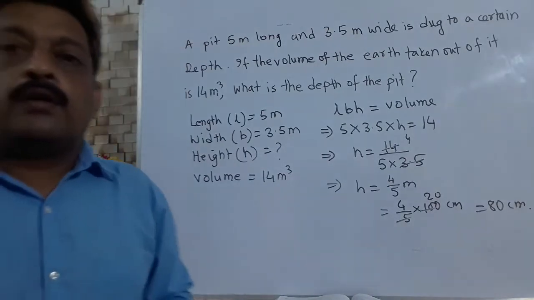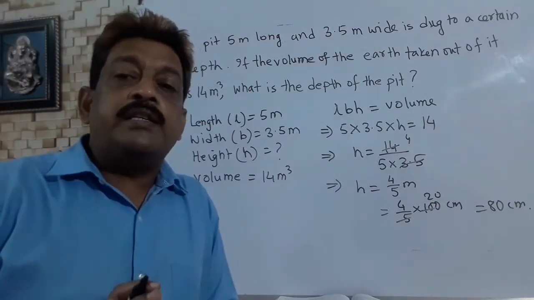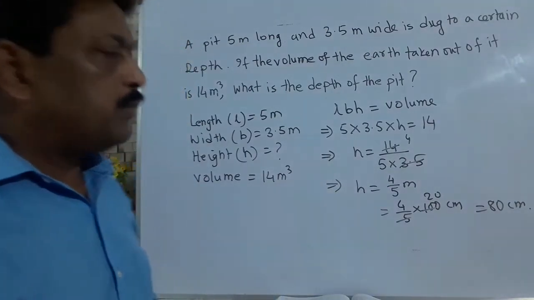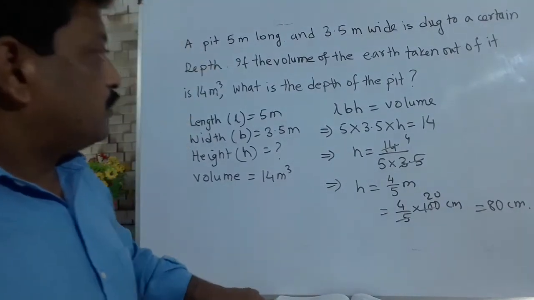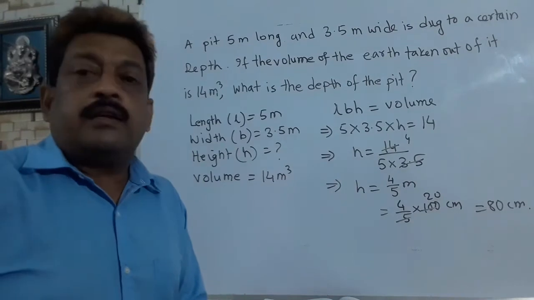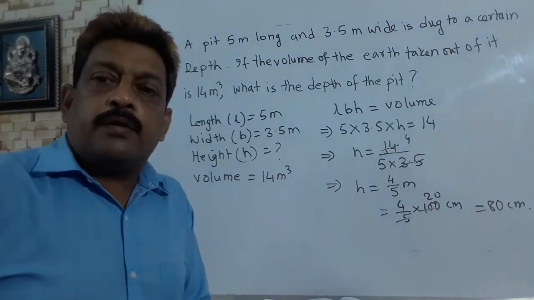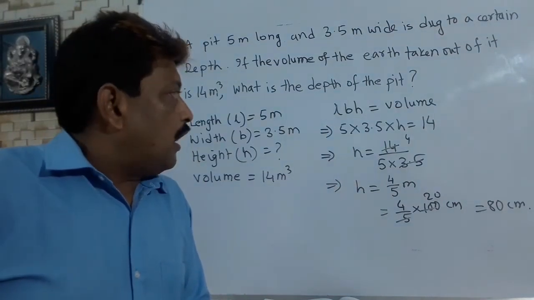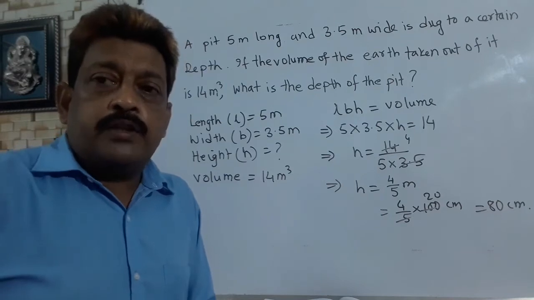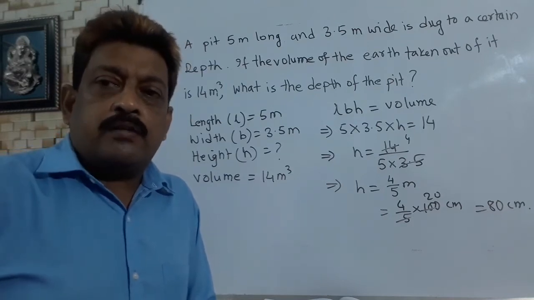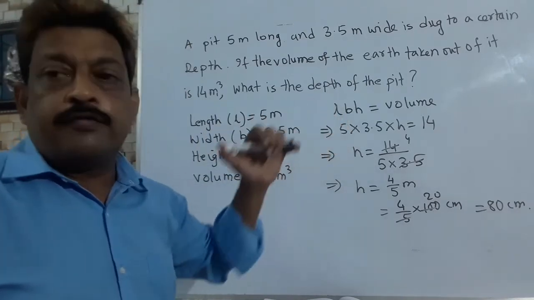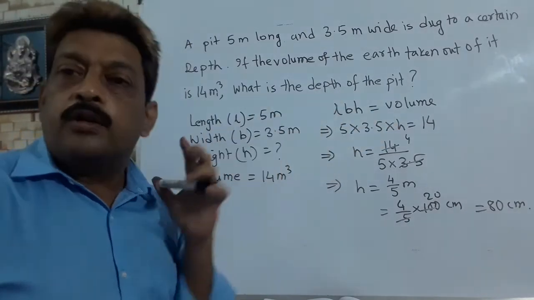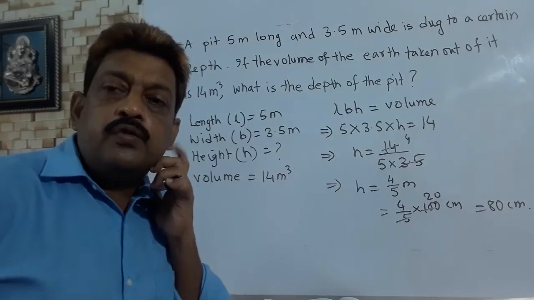Okay, I hope you found it a very easy sum, but still it is very important. When out of the length, breadth and height, two are given, that is, either the length and breadth are given and we have to find the height, then volume is also given, so we can use the formula.